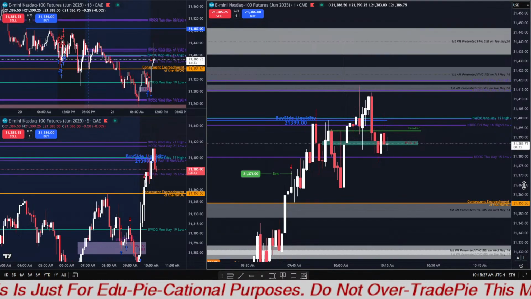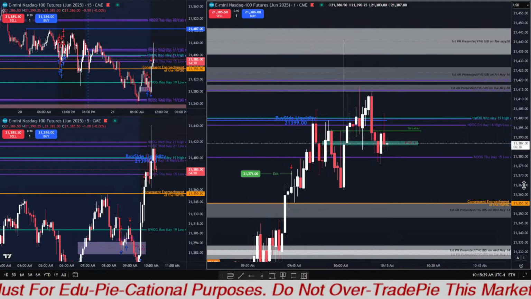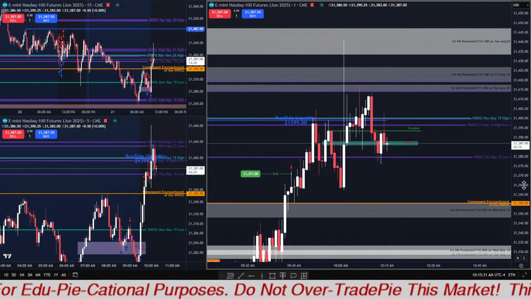Still the bodies of the candles are respecting that fair value gap, and this fair value gap is valid.